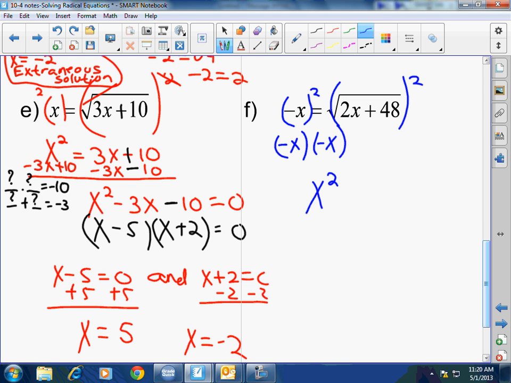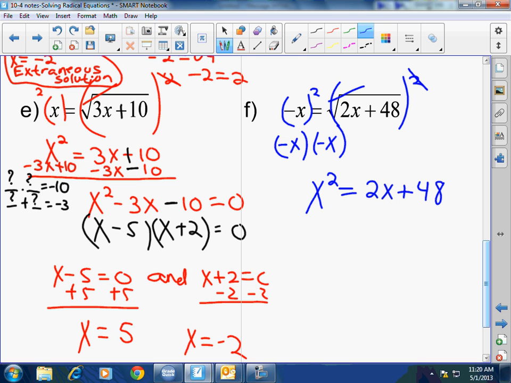Did you guys forget all the skills that we've learned? When you multiply a base times itself, don't you keep the base and add the exponents? And a negative times a negative is a positive, correct, guys? Okay, so negative x squared is x squared. The square root gets canceled by the power of 2, so that's 2x plus 48.